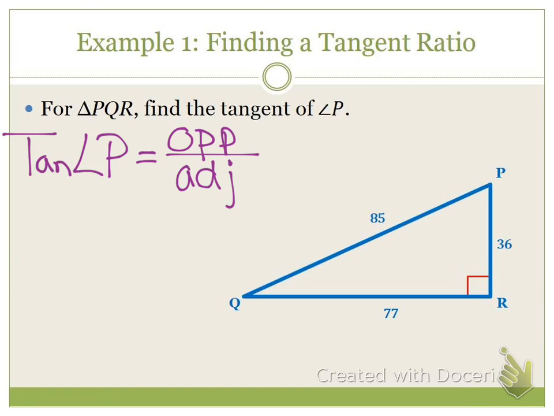Eventually, you will have it memorized, but for now, I want you to write it just so you can physically see it. And then which side is opposite to angle P? Very good. Opposite, 77. And then adjacent is what? 36.